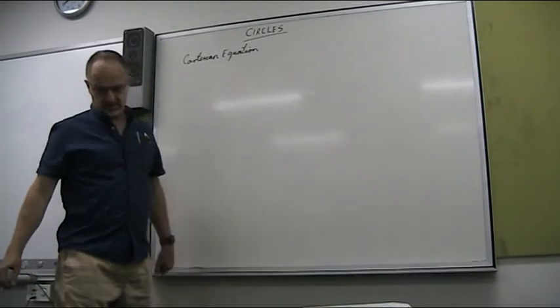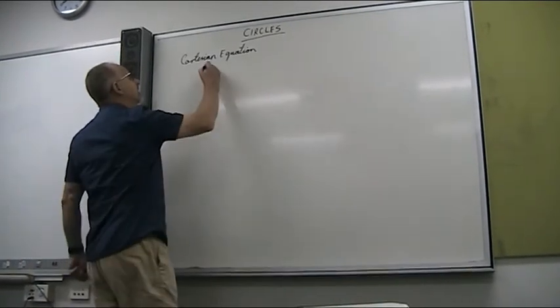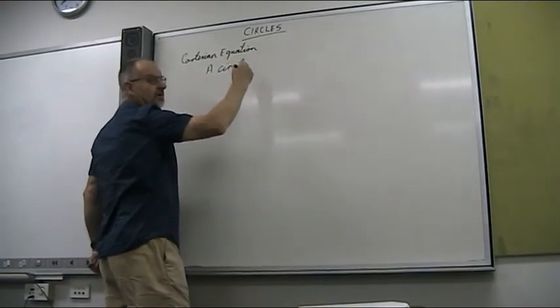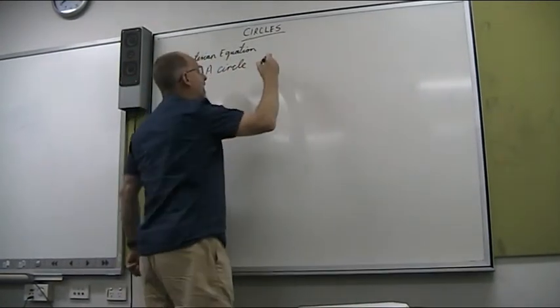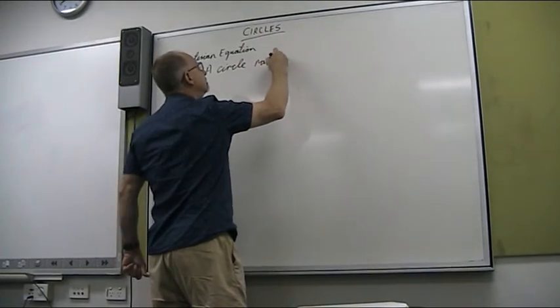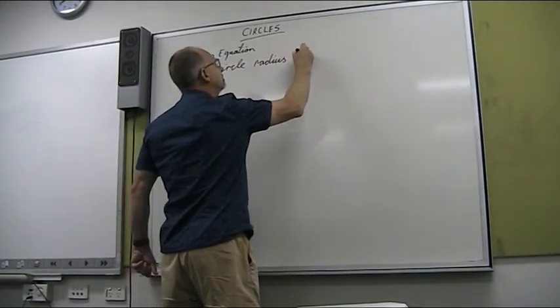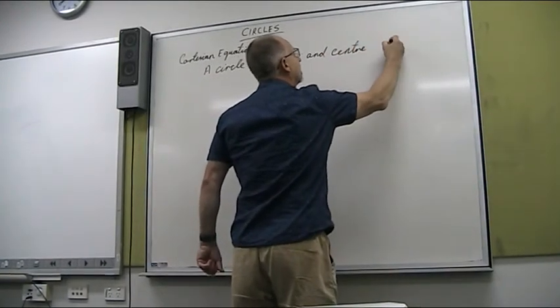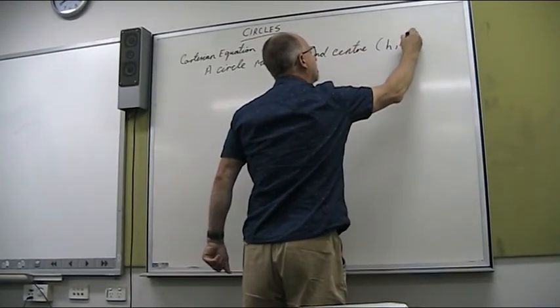So here we've got a Cartesian equation, so a circle of radius r and the centre at h and k.